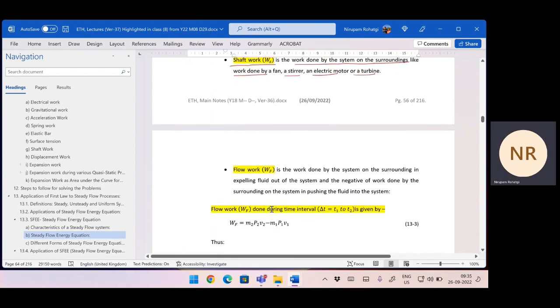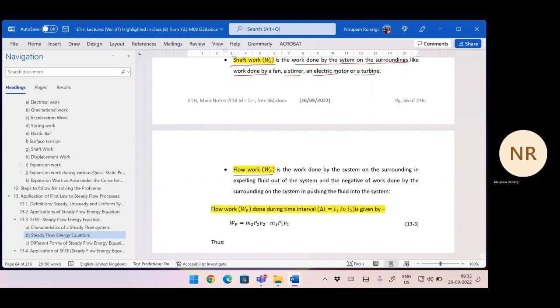Then there is something called flow work. Now what is the flow work? Flow work is the work done by the system on the surrounding, expelling the fluid out of the system, and negative of the work done by the surrounding on the system in pushing the fluid into the system.